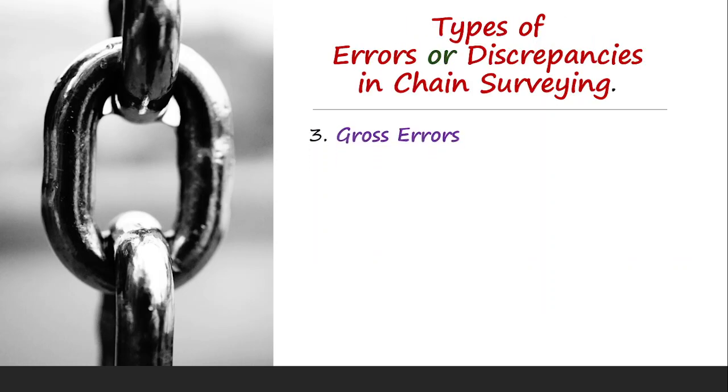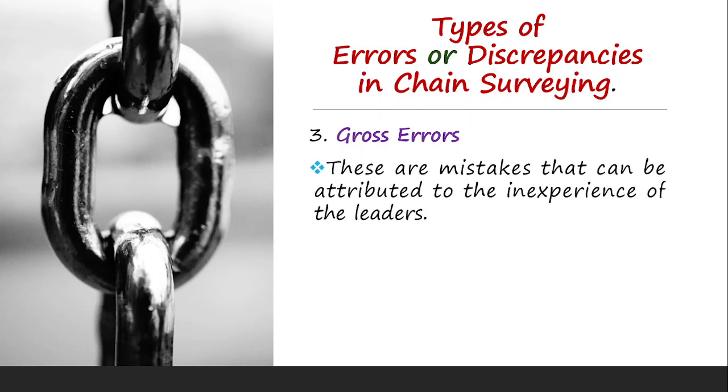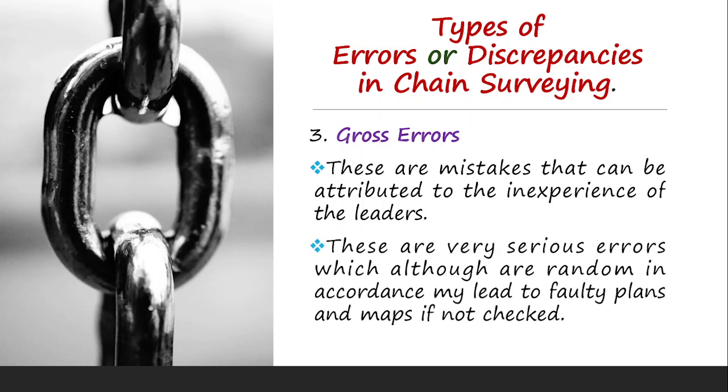The third type of error in chain surveying is the gross errors. These are mistakes that can be attributed to the inexperience of the people involved in the surveying.